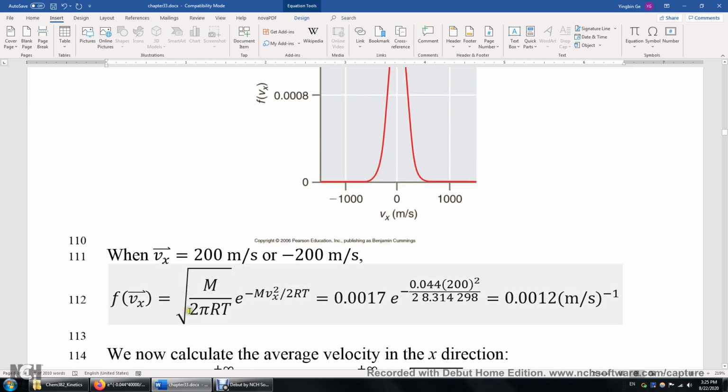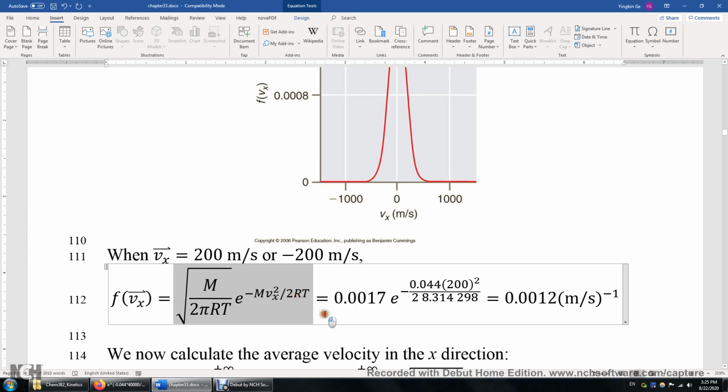Let's do the calculation. Again, we plug in the numbers. So we learned this part is simply 0.0017, the maximum value of this probability density function. We now have to look at the exponential function as well. We plug in this Vx is equal to 200.